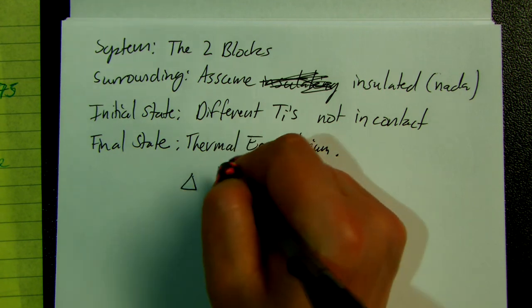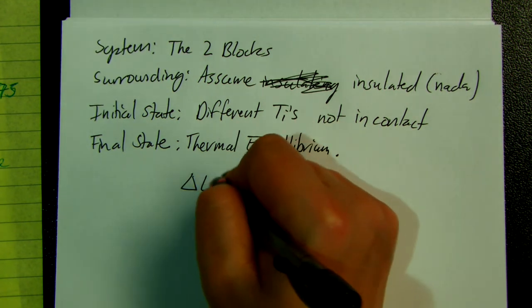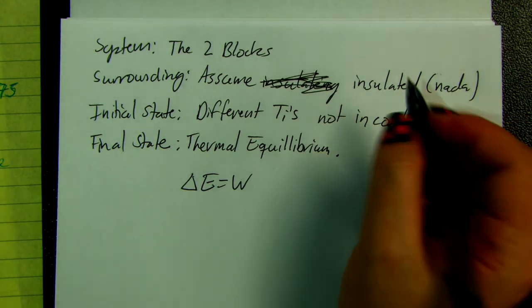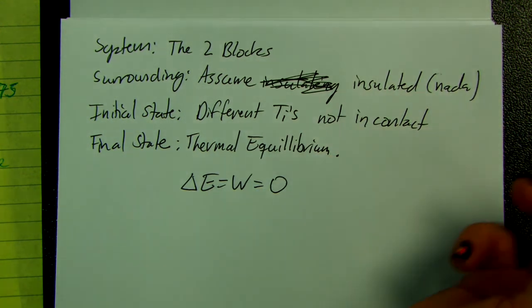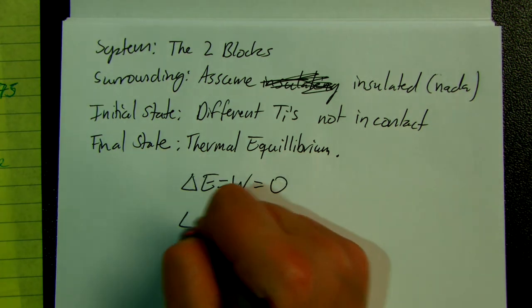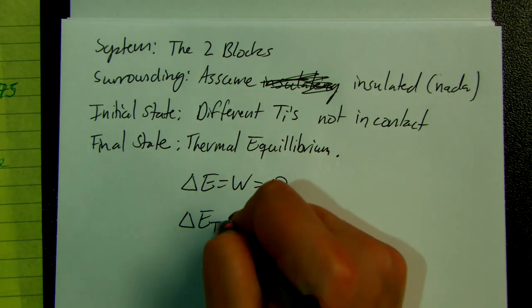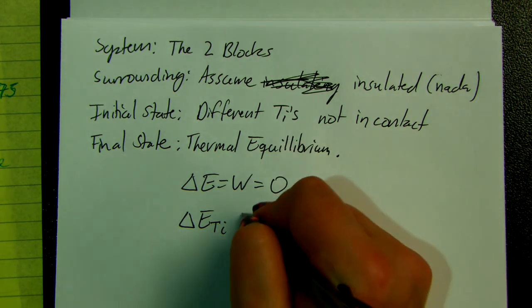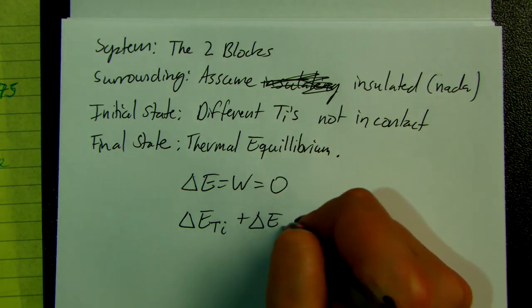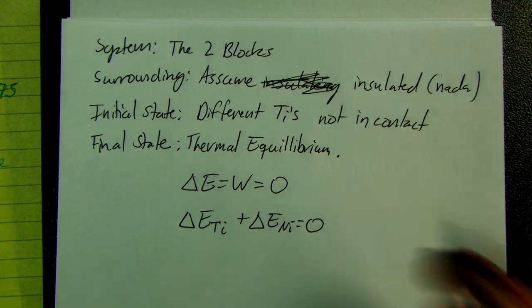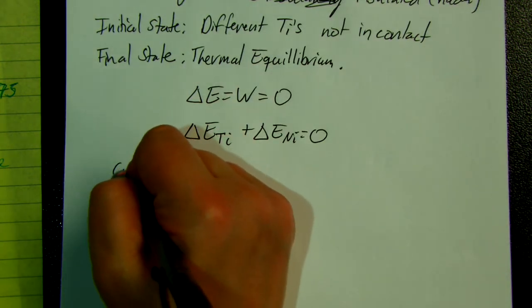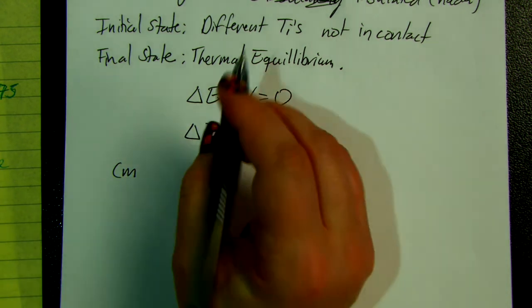So the change, ΔE, is equal to any work that has been done to it. In this case, this is equal to 0. So we're going to look at the change in energy for titanium plus the change in energy for the nickel is equal to 0. We're dealing with thermal changes, so we're going to use mcΔT.